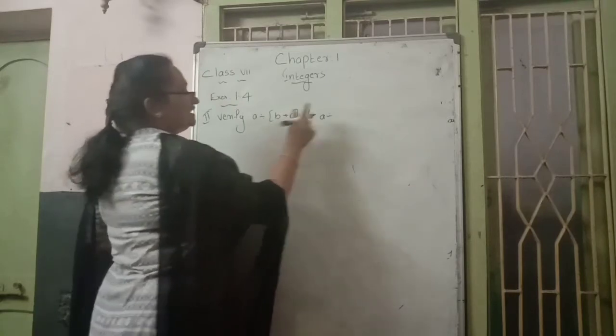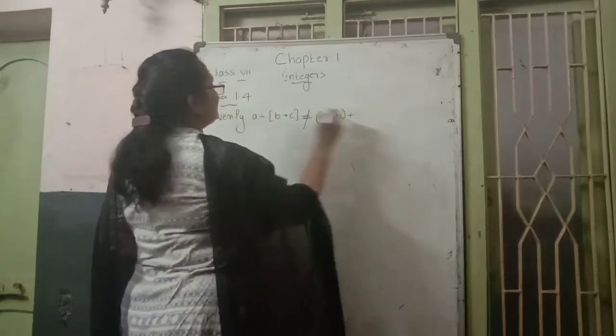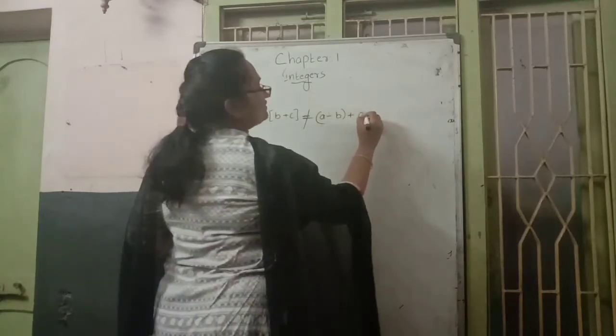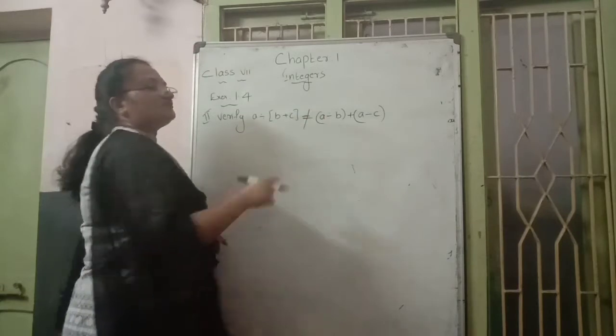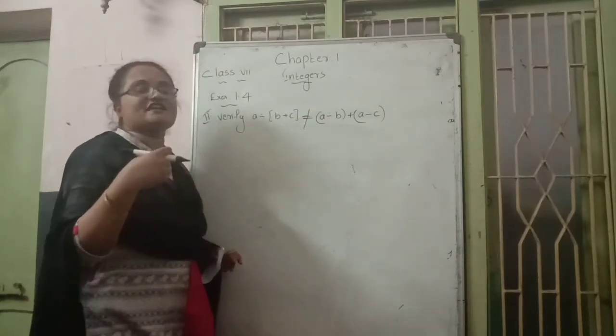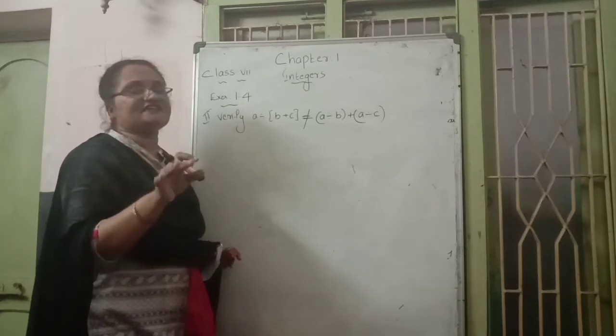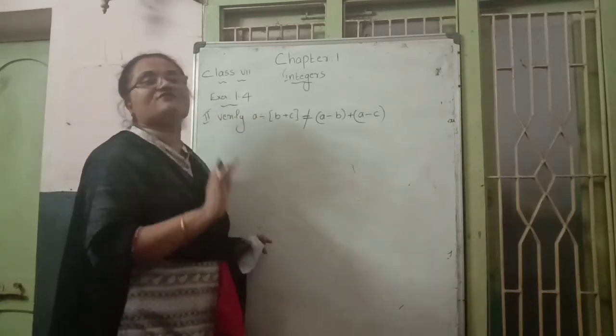The outside A is divided by the first number inside, then plus, and again A is divided by the second number. They say the left and right side answers are not equal. We want to do the verification: is it right or wrong? First we verify.